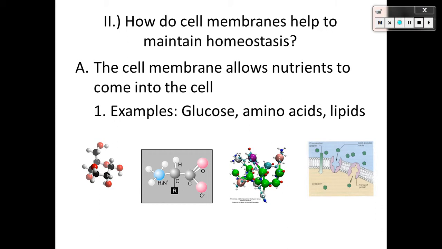And if you remember, glucose is a monomer of carbohydrates, so it's a carb. Amino acids are the monomers of protein. And then, of course, lipids are our fats and stuff like that. And so these things will be trying to come in and out of the cell membrane all the time to maintain a balance. And our membrane is going to be what determines what's going to come in and what's going to go out.